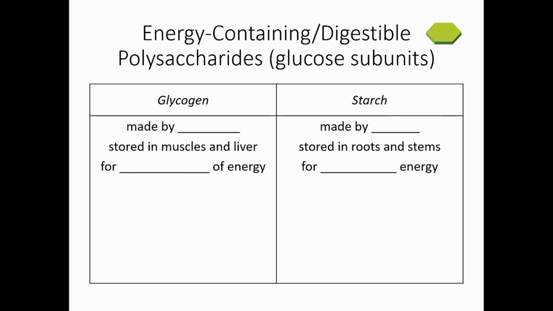But depending on what kind of living organism you are, you're going to use a different type of polysaccharide to store it. If you are an animal, you'll use glycogen. Glycogen is a really large polysaccharide that animals will use to store away carbohydrates in their muscles as well as their liver. And this is for quick bursts of energy.